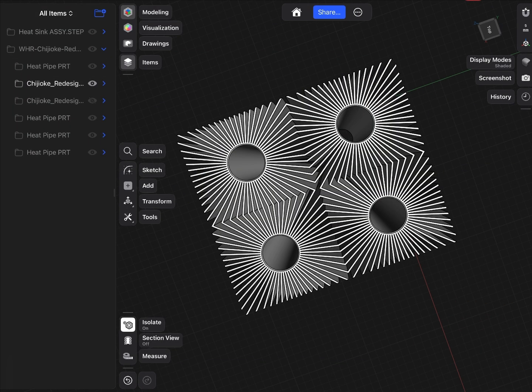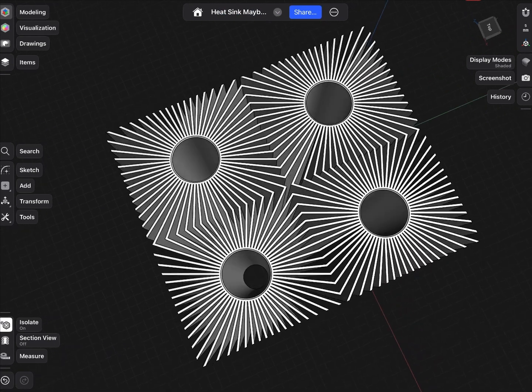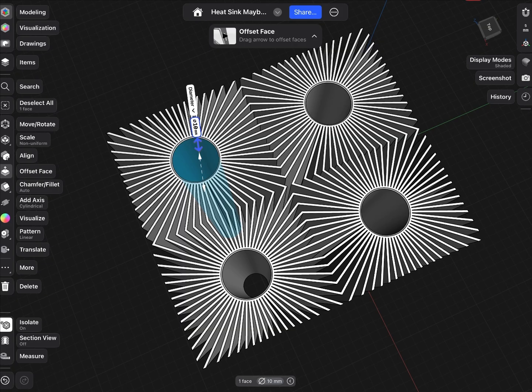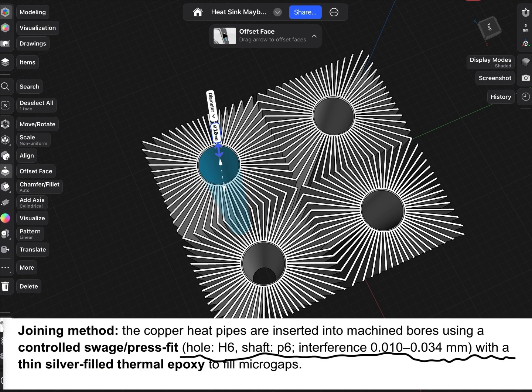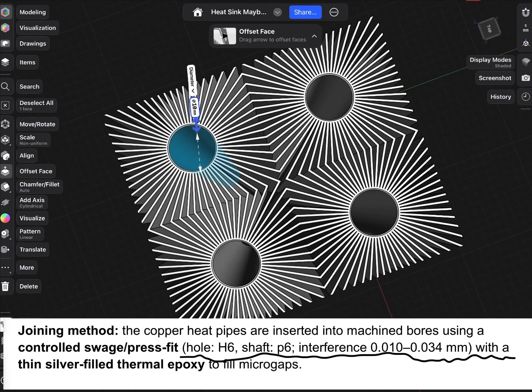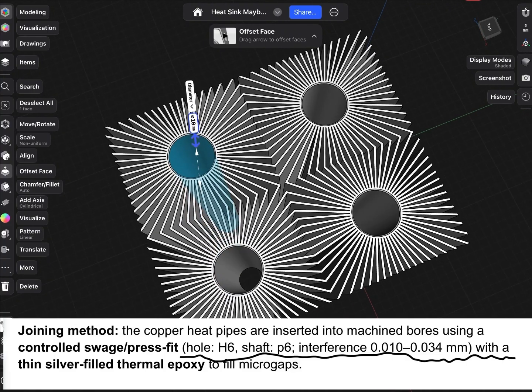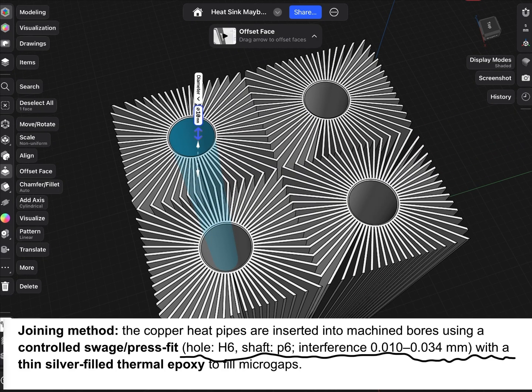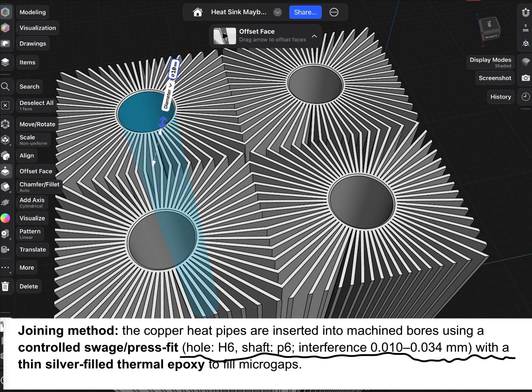Let's go to the model actually. These holes right here are a precise fit, basically a tight push fit, for the copper tubes, and that's controlled with true position and the tolerance fit for an interference fit.